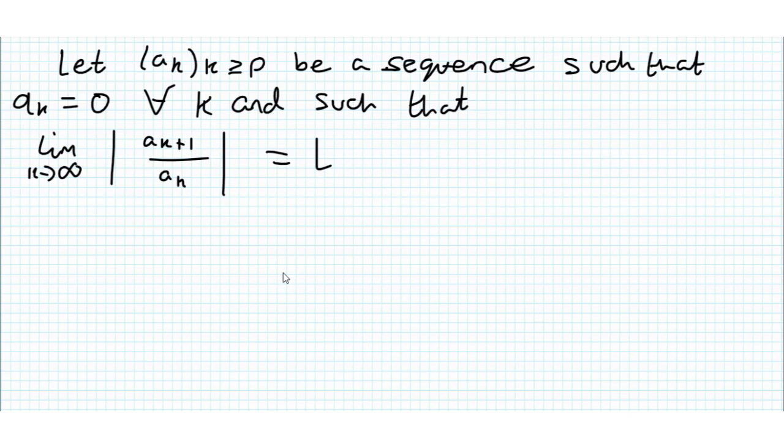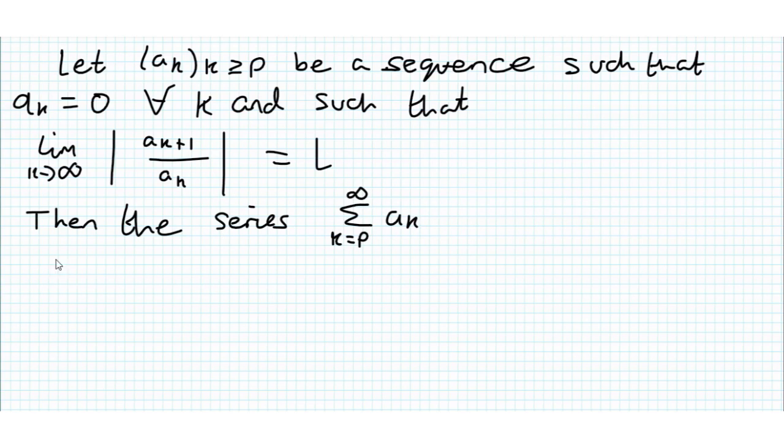So this is the setup for the test. If we found that this limit L exists, then we can consider some things about the series from the limit. Then the series from k equals p up to infinity of the a_k either diverges if L is greater than 1.